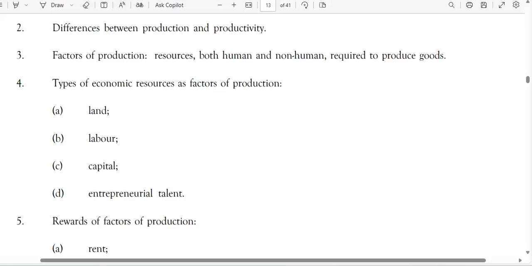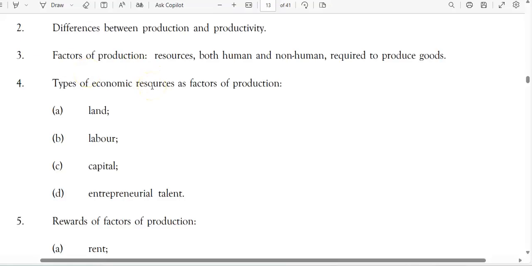Entrepreneurship is the human skill and willingness to take risks in organizing and managing the other three factors of production: land, labor, and capital, to produce goods and services. So the entrepreneur is often seen as the leader or innovator in the production process.